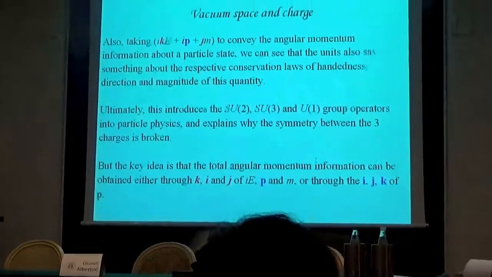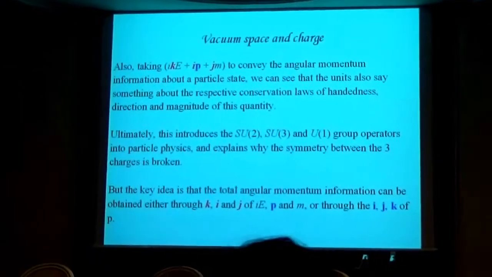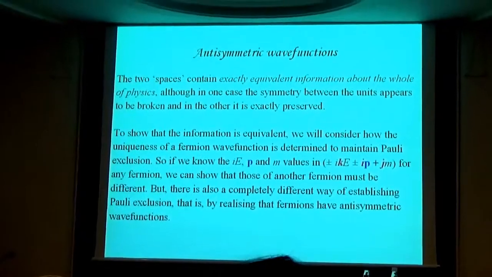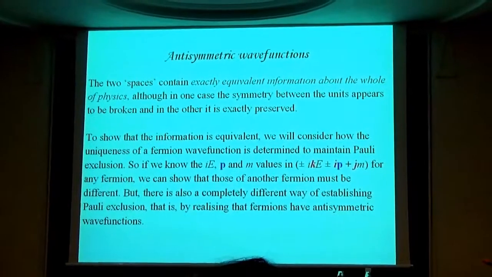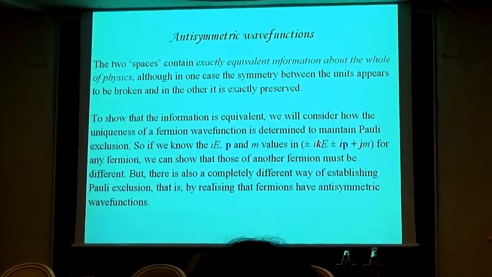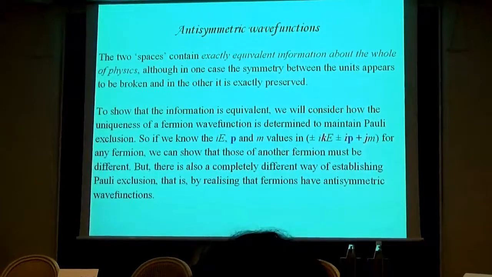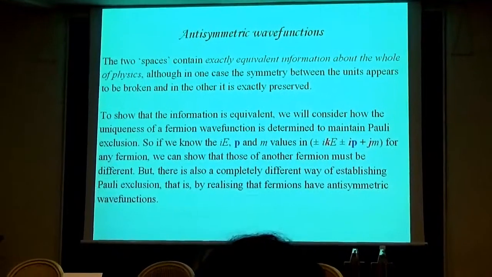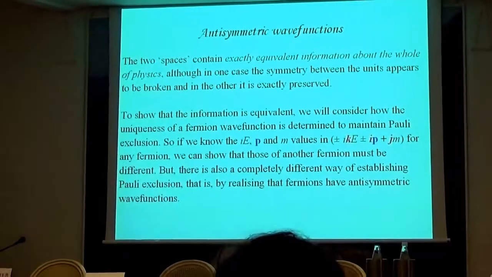The idea I want to get over is that we can look at angular momentum either through the red operators or the blue ones. And the 2 spaces contain the same information about the whole of physics and especially about the angular momentum. Though in one it appears to be broken symmetry, in the other it doesn't. I'm now going to show that they're equivalent.